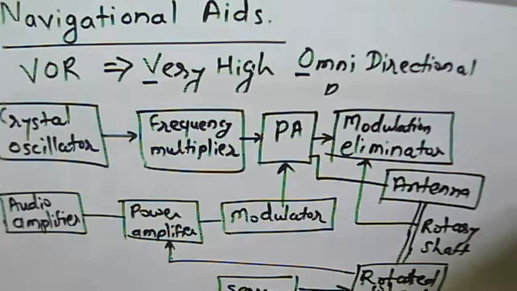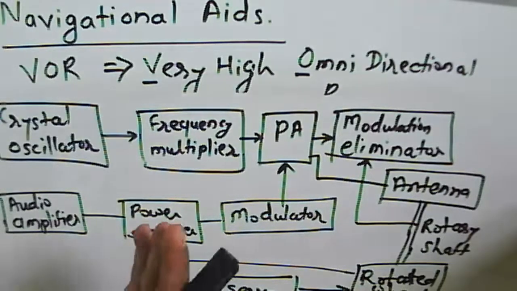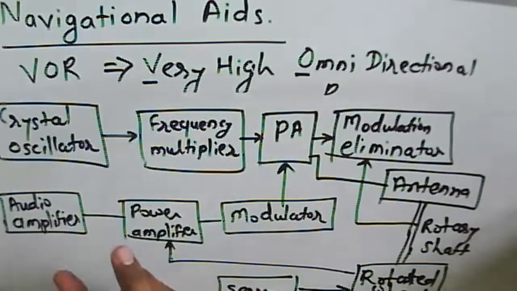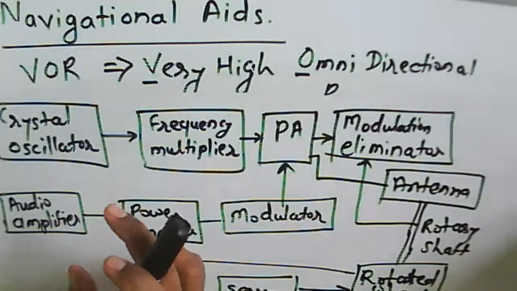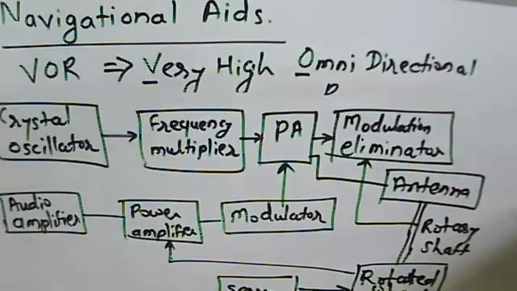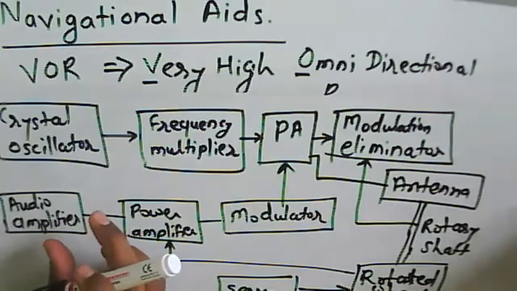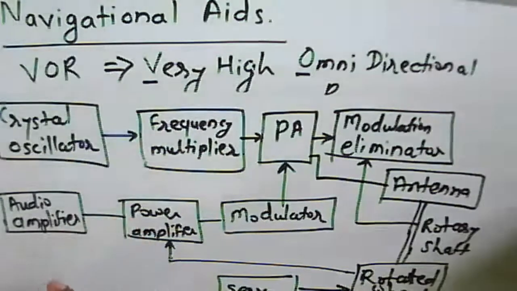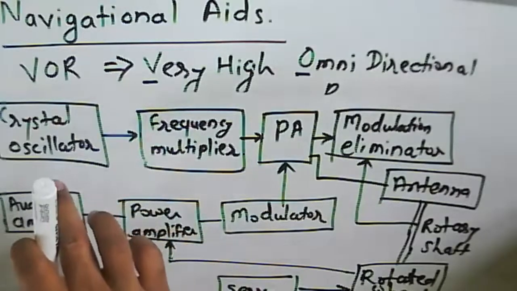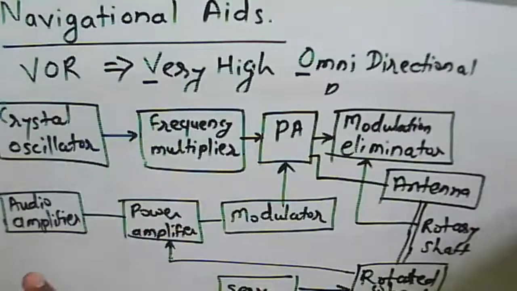So the bearing of the aircraft is found by comparing the phase of a reference signal and a variable signal, because we have said earlier what the bearing will be. And then the ground equipment: we have VOR ground equipment, it consists of an audio amplifier, a crystal oscillator, frequency multiplier, modulator, modulation eliminator, and a phased array antenna.